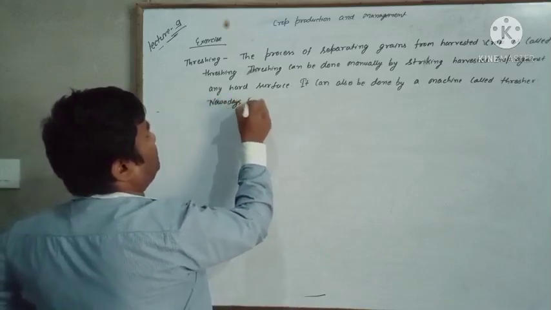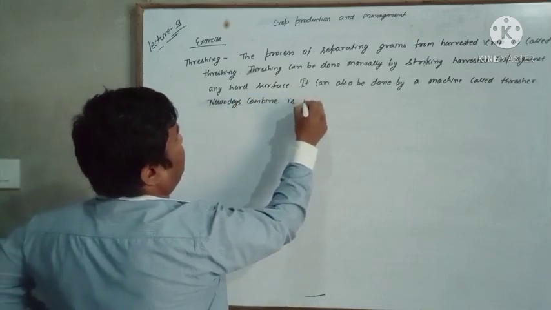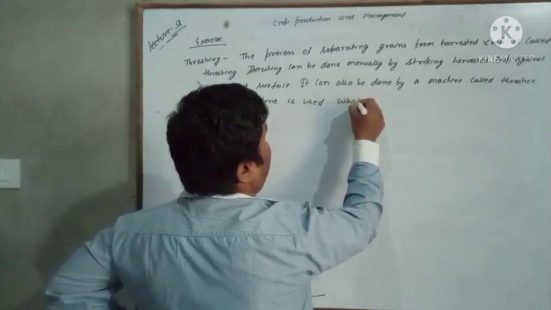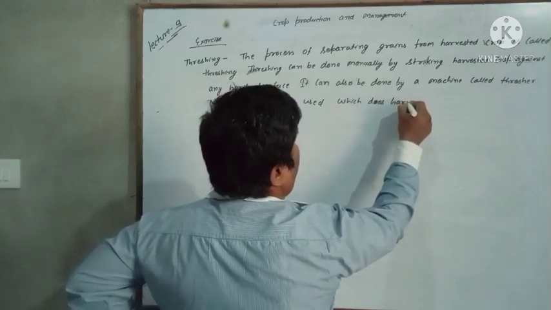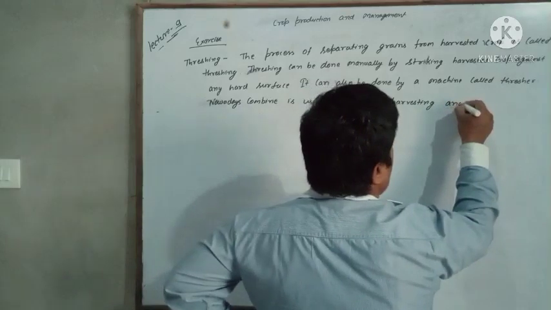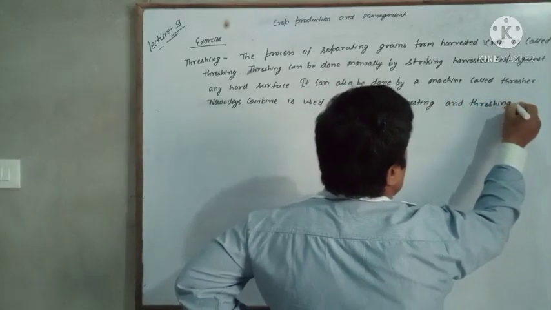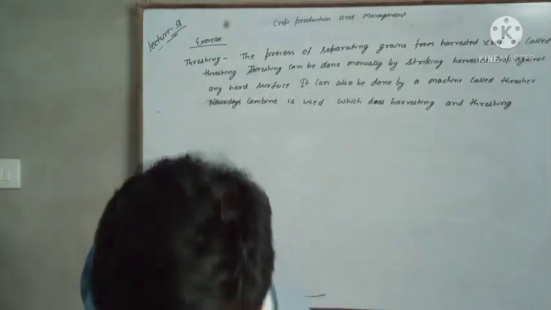Nowadays, a combine is used, which does harvesting and threshing. Okay.